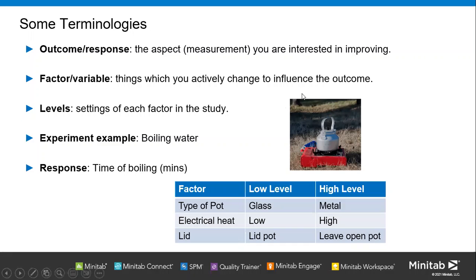But in your company, maybe you can go further with critical to quality. What kind of problem do you face? Of course you want to increase the satisfaction of your customer, but you need to convert that into a measurement.